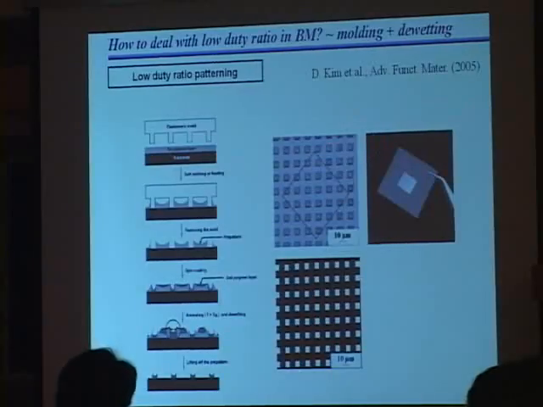So this paper proposed a nice concept using pre-patterning followed by dewetting of a low-viscosity polymer, so that this kind of nice pattern can be fabricated. I think this process is still a two-step process.